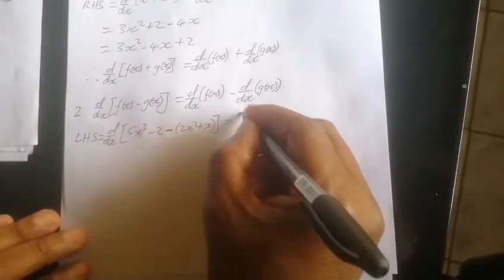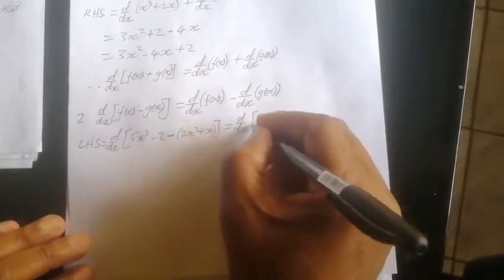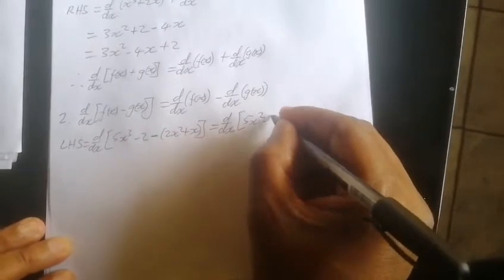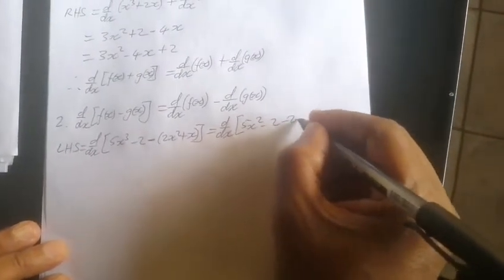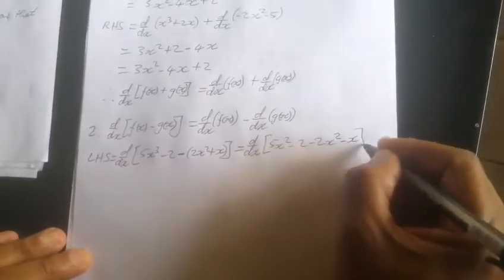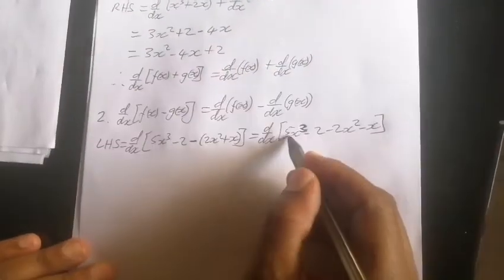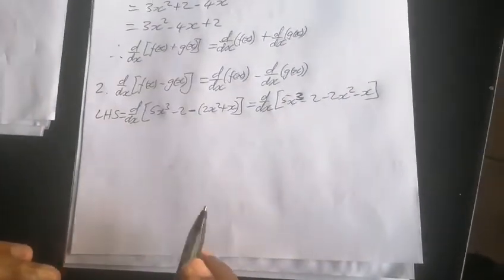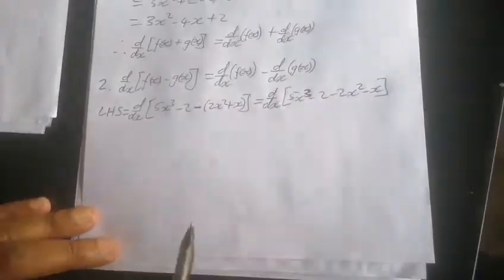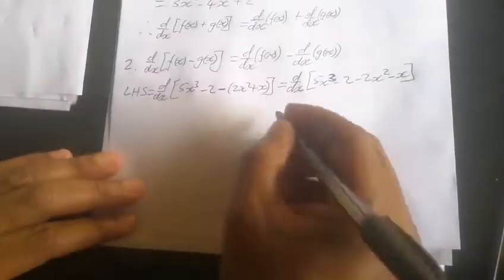This will give us d dx of 5x cubed minus 2 minus 2x squared minus x. Please take note, this is 5x cubed. I had actually erroneously said 5x squared. So no like terms, we can differentiate to get our answers.